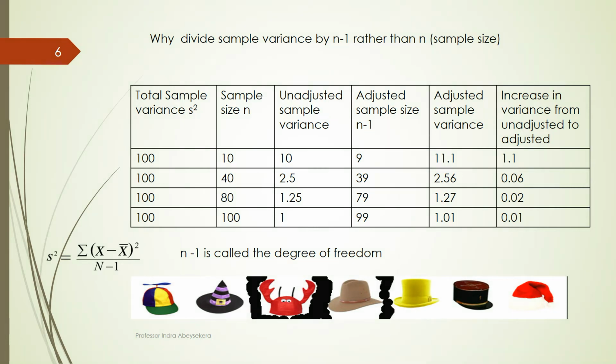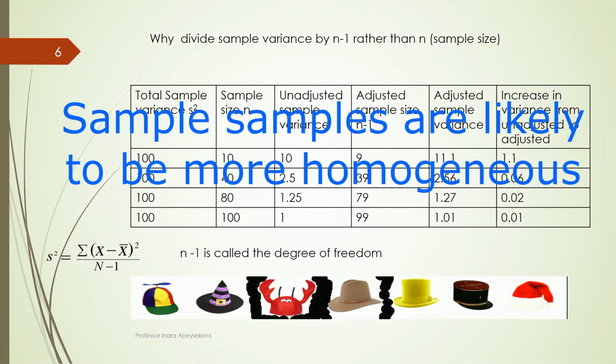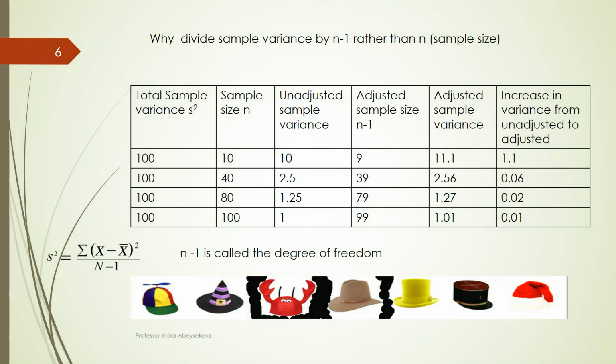This is because in practical terms, when we tend to take smaller samples, it's likely that we take far more homogeneous samples and we tend to leave out the outliers or the extreme values in the population. But the larger the sample size, the chances are we also will take the outliers into our sample.